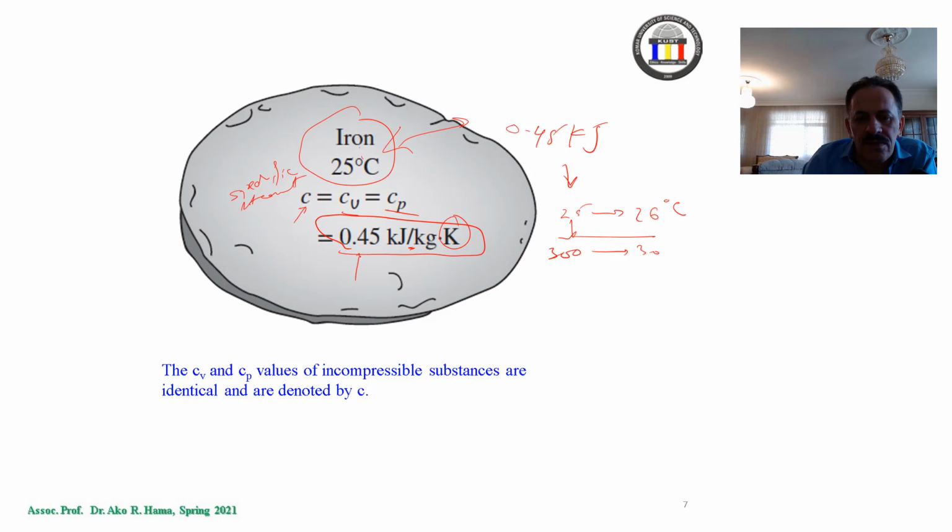Now we need 0.45 kilojoule per kilogram per Kelvin. Now this is identical because this iron is incompressible, so specific heats Cp and Cv are the same.